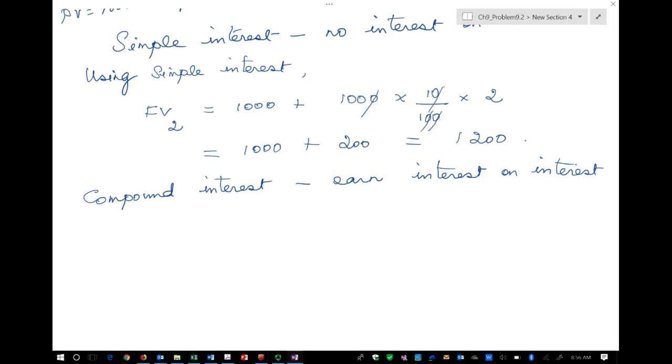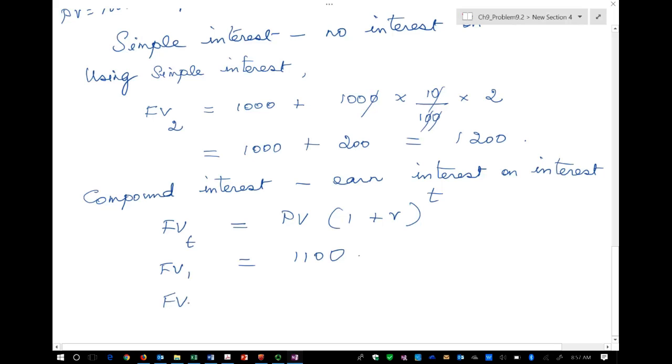So, in this case, remember our formula: the general formula for future value at any point in time t is present value multiplied by 1 plus r raised to the power t, correct. So, what am I basically saying? In year 1 my future value was 1100.